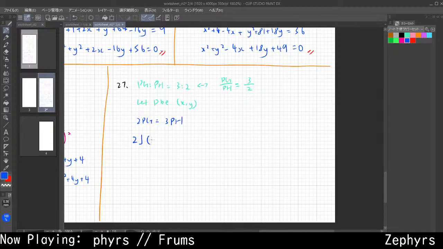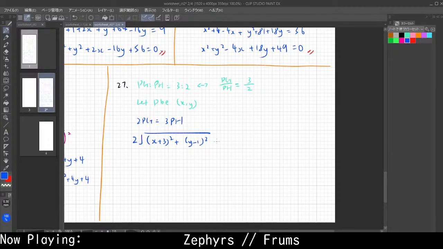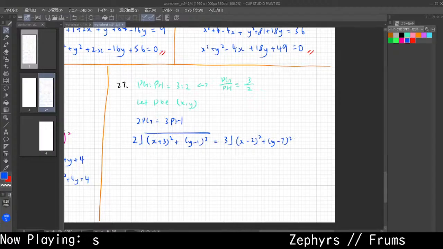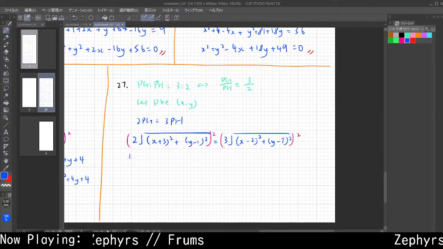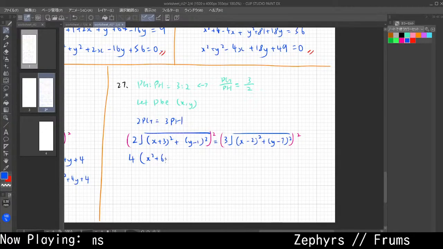PG is the distance from P to G. I'll just go through this without talking too much so I can do it faster. We have both sides. I'll just draw it out so you guys get the idea. Expand along the way.